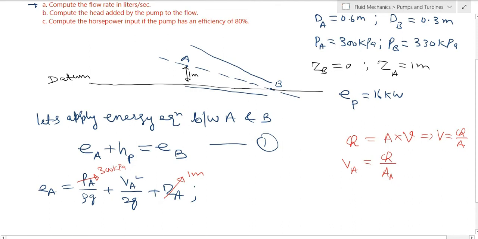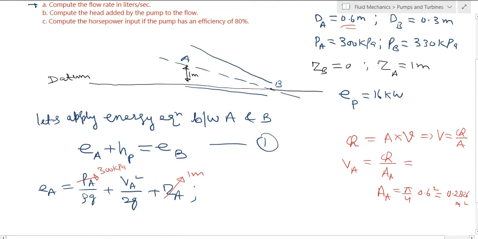Now cross-sectional area at A is pi by 4 d square. Diameter at A is 0.6 square, right? Diameter at A is 0.6 square. How much is it? 0.2826 meter square, okay?